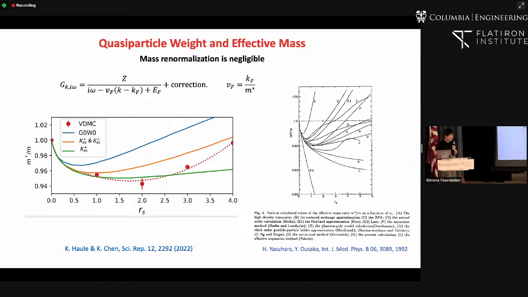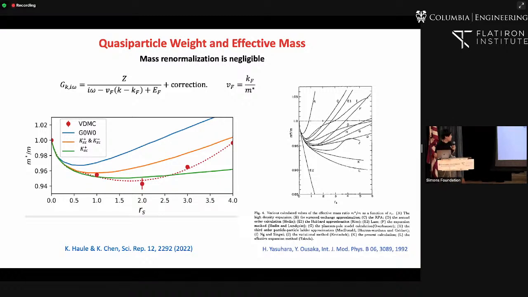This is because for the effective mass of the electron gas, there is a competition between vertex corrections in the denominator and in the numerator. So if your theory unbalances this vertex correction, it could predict a completely different trend.